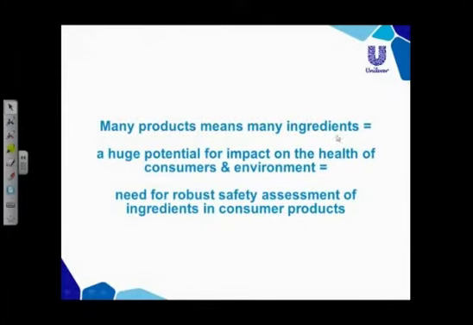So lots of new ingredients, lots of products. These brands have lots of different products underneath them all. So there's a huge impact for the health of consumers and, of course, the health, if you like, of the environment where those ingredients end up. So we do have to have a robust safety assessment of those ingredients for the consumer products.